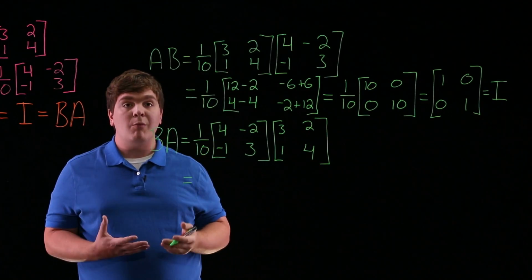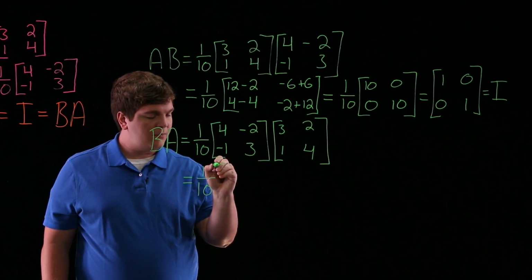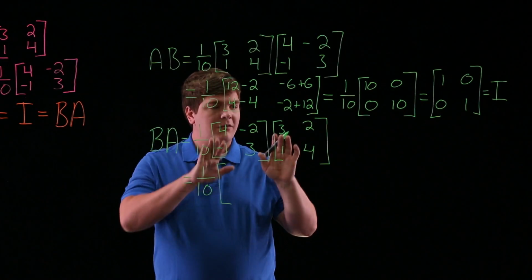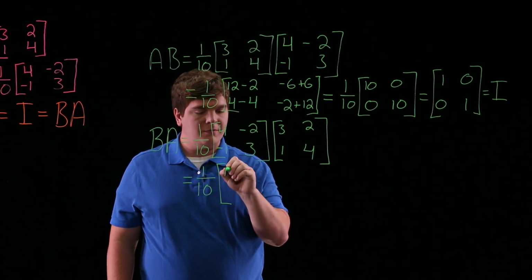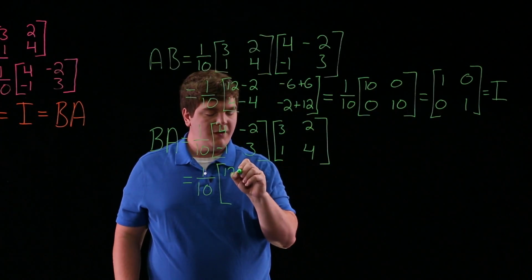Now we can begin by multiplying our matrices. So we have 4 times 3 is 12, and -2 times 1 is -2.